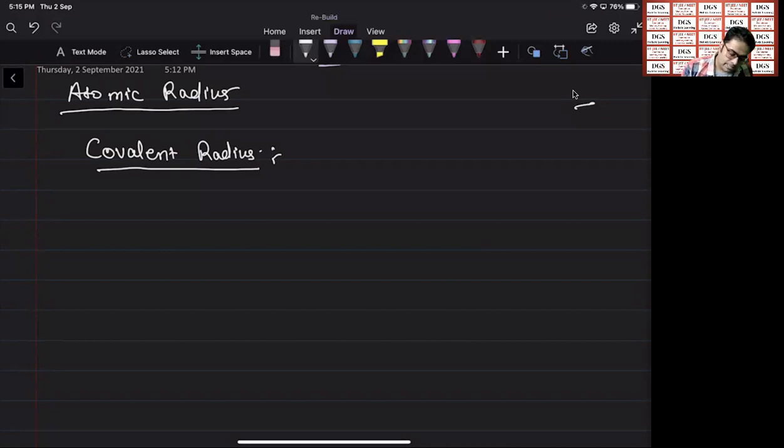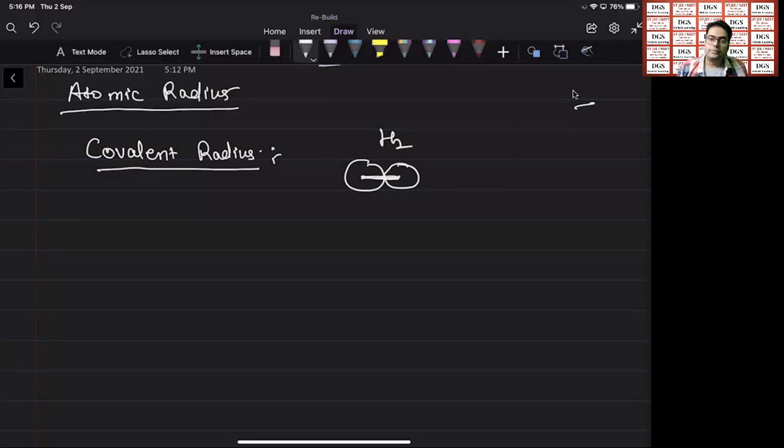So let's say two atoms of hydrogen, like H2. We are talking about the molecule of H2. There are two atoms of hydrogen coming together, joined together. So they are actually forming this covalent bond. This is the line combining the nuclei of these two atoms.